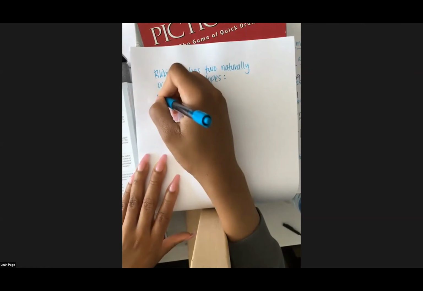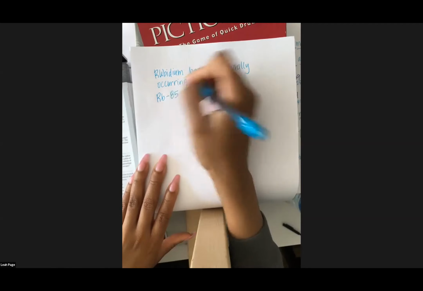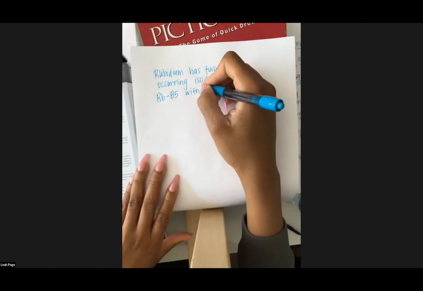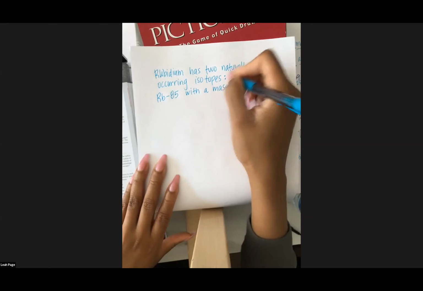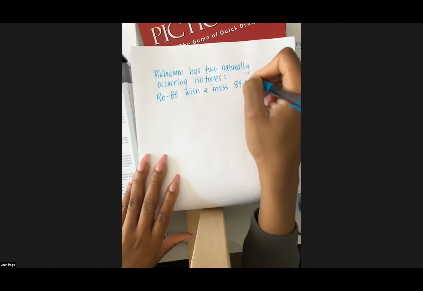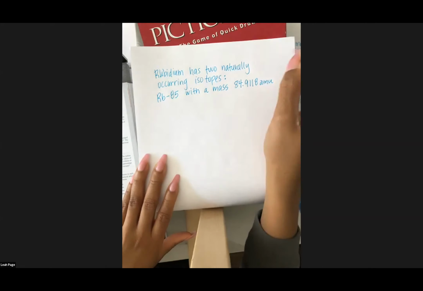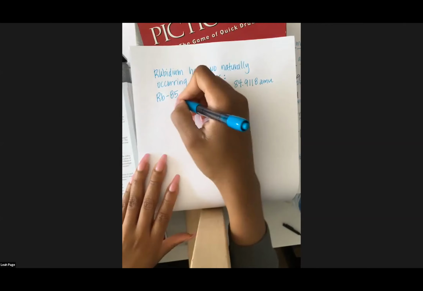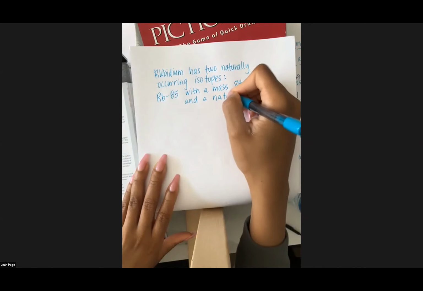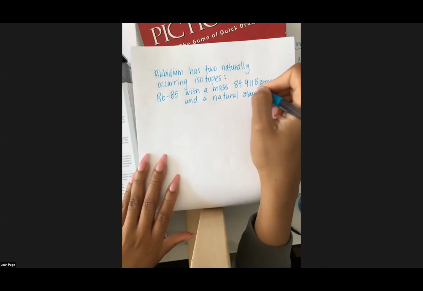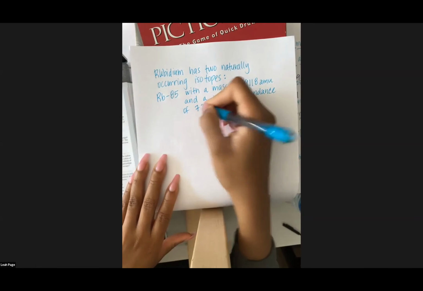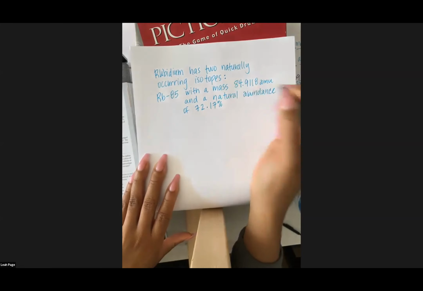There's rubidium 85 with a mass of 84.9118 AMU and a natural abundance of 72.17%.